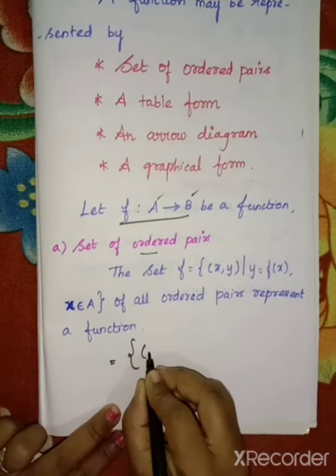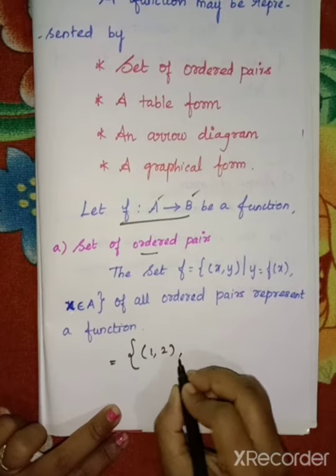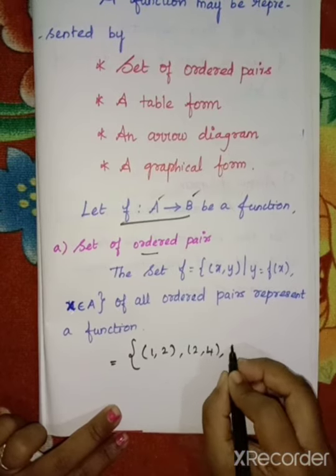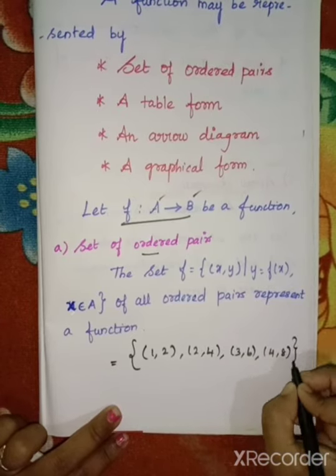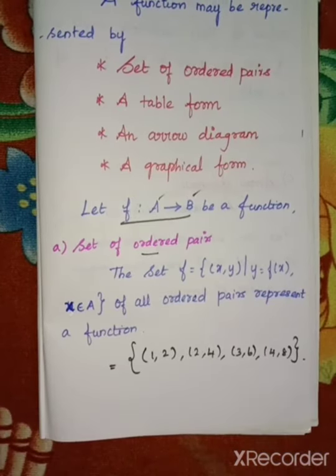So suppose 1 comma 2, 2 comma 4, 3 comma 6, 4 comma 8, and at last we have to close the set bracket. This I have taken as an example, not for the question. In the question they will give the function, and from that we have to find the representation of the set.